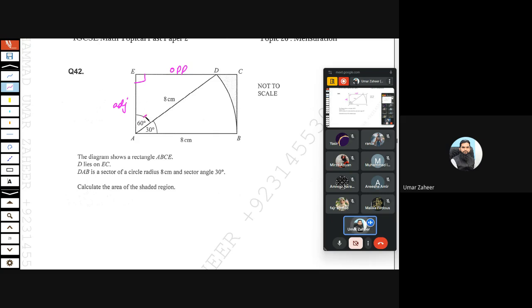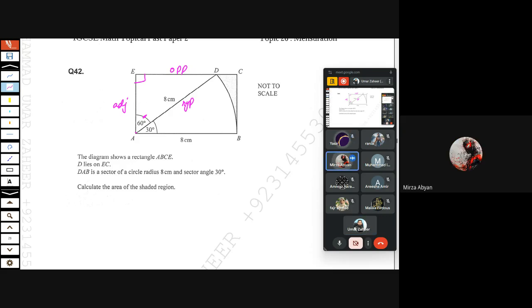According to angle 60, I'm working with triangle AED. The side opposite to the angle is the opposite side, the next is the adjacent one, and it is hypotenuse. Is it clear? Yes, sir, it is clear.